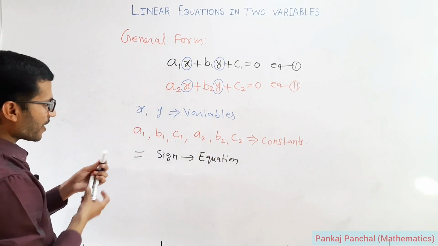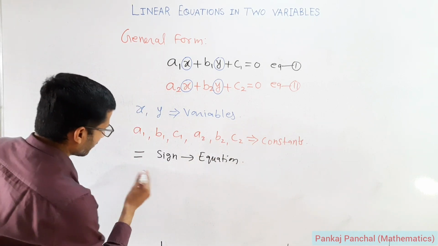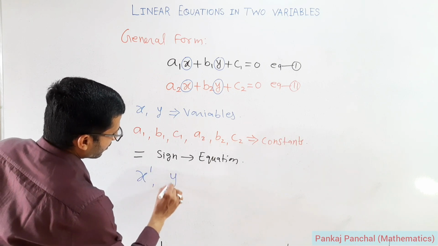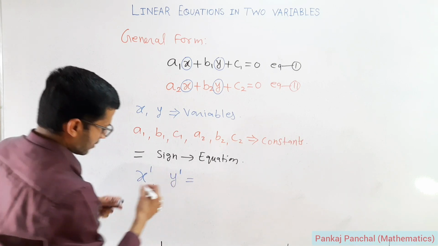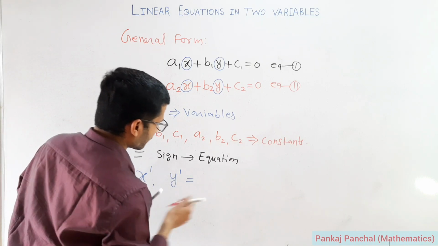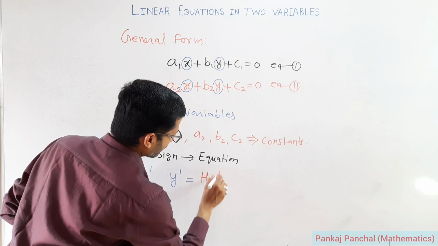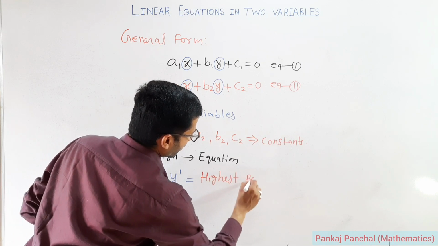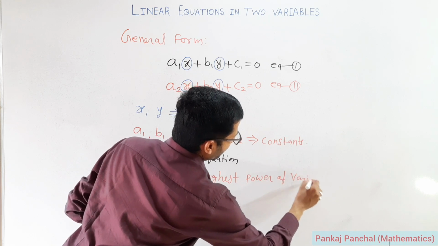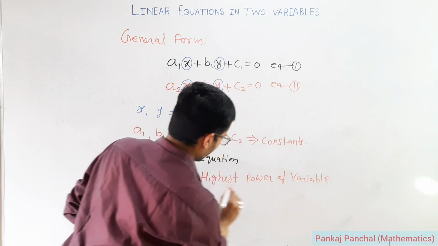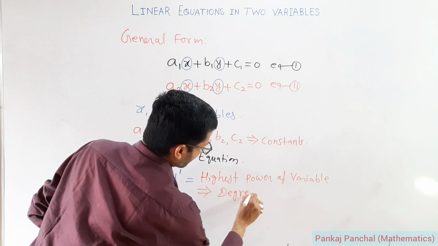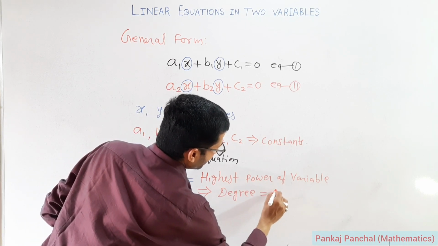And the power of x is 1, and the highest power of y is also 1, means that is the degree. Here that is 1. That is why it is linear.